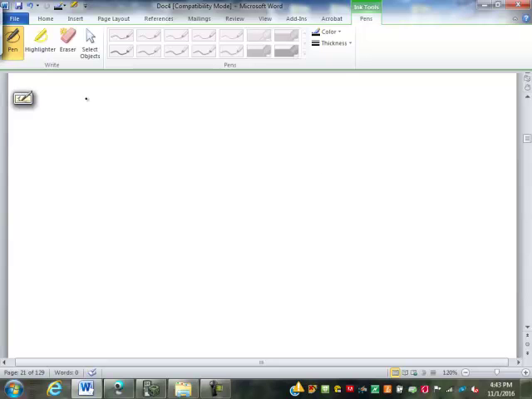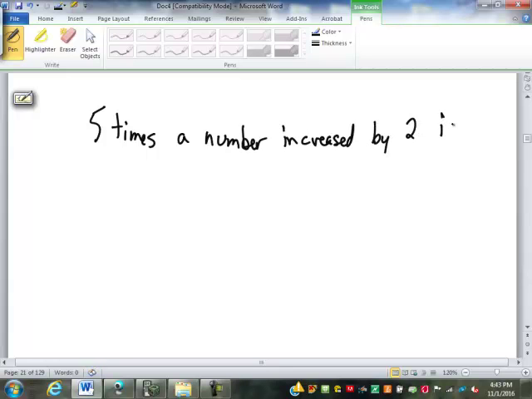So let's say that we have this statement. 5 times a number increased by 2 is 37. Well, looking at that, we're just going to translate the words into numbers and symbols. 5 times a number means what? 5x.